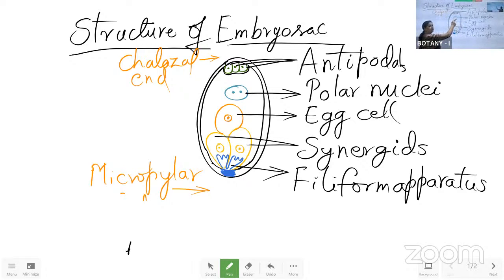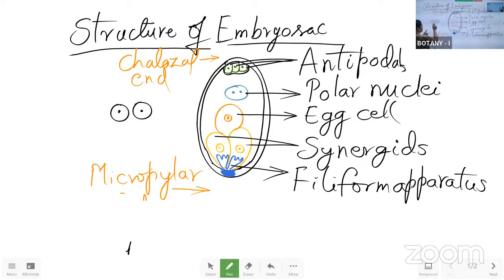These two polar nuclei are covered with a thin membrane-like structure externally, and that is making them to be placed in the center of the embryo sac. Okay, and after some time, after attaining maturity, the cells which are present will fuse together.